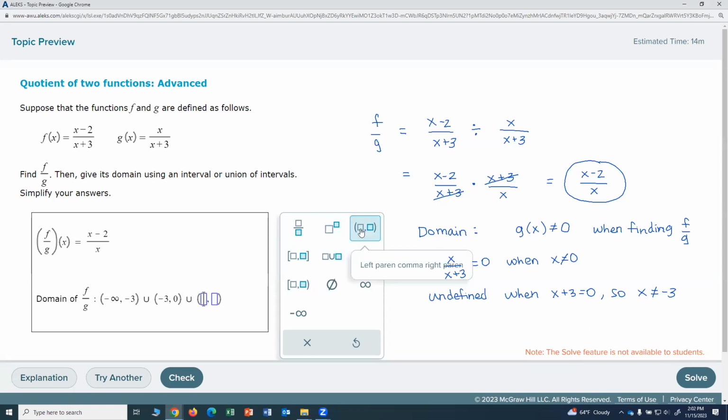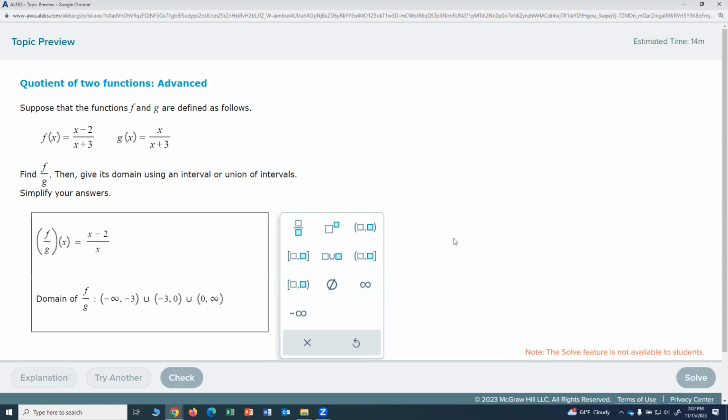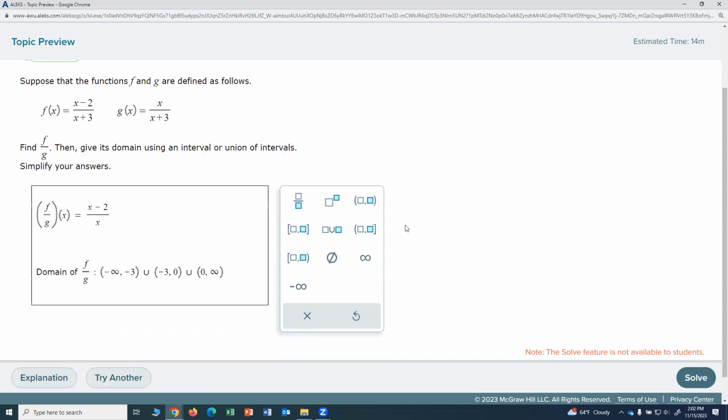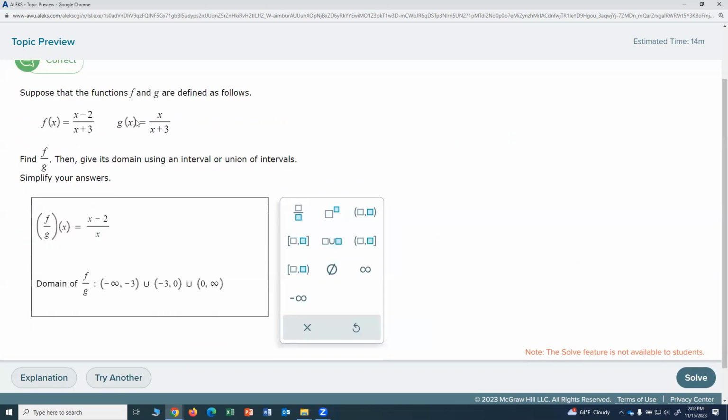And then 0 to infinity. So remember, your restrictions are g of x cannot equal 0, and the denominator of each individual part cannot equal 0. Let's try one more.